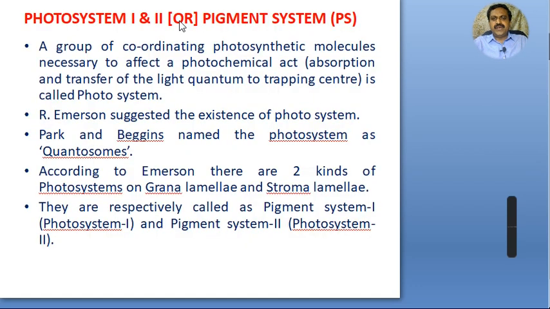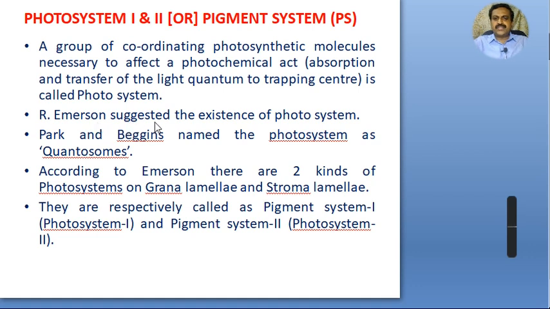See, the photosynthetic pigments, otherwise called photosystems, are nothing but a group of pigment molecules which coordinate themselves, and they are very much essential to bring about the photochemical reaction. Such groups of pigments are called photosystems or pigment systems.